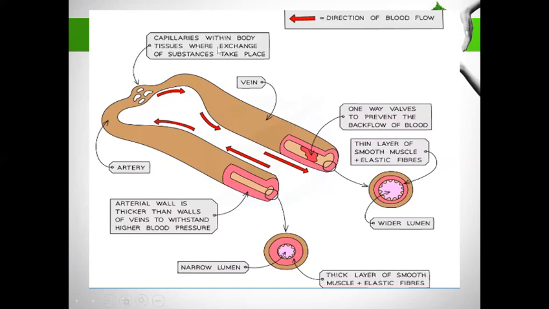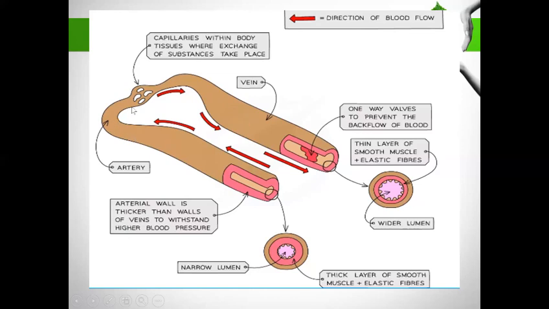Capillaries are within the body tissues where exchange of substances takes place. Capillaries are also very thin blood vessels, and their thickness is just one cell. They are embedded in the tissues where the exchange of gases takes place. On one side the capillaries are attached to the artery, and on the other side to the vein.